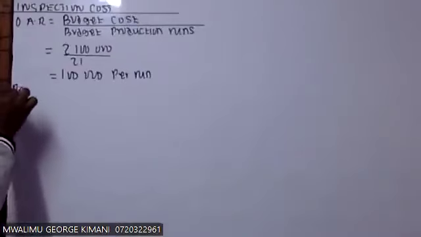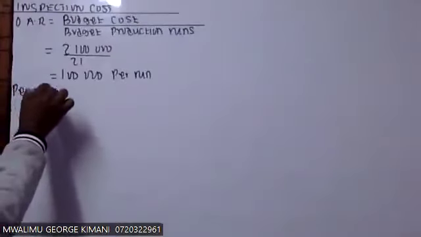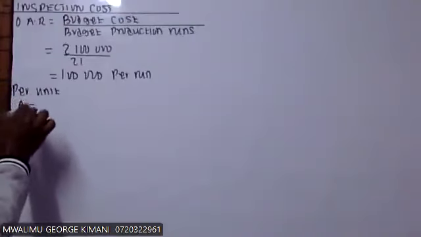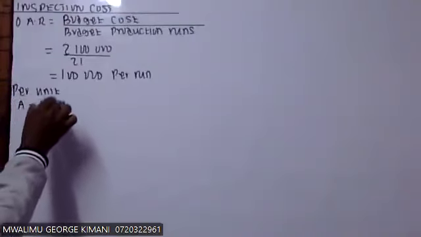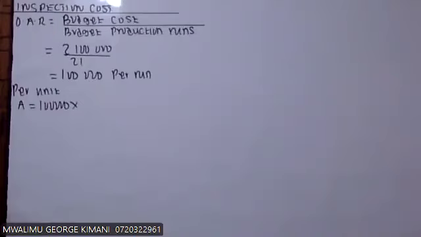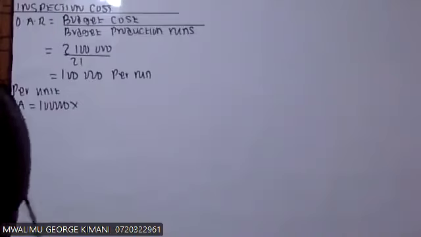So per unit of A will be 100,000 times the number of runs, which are 6.